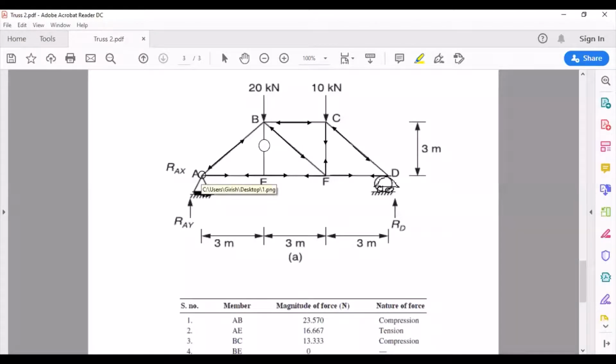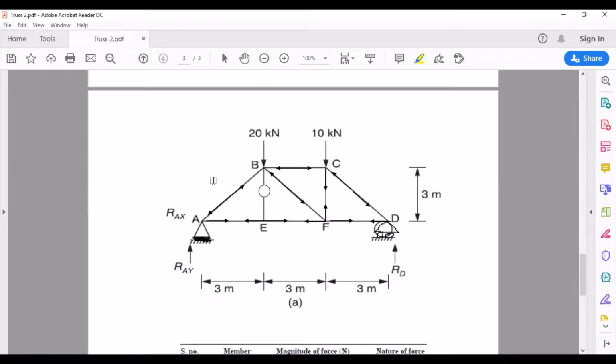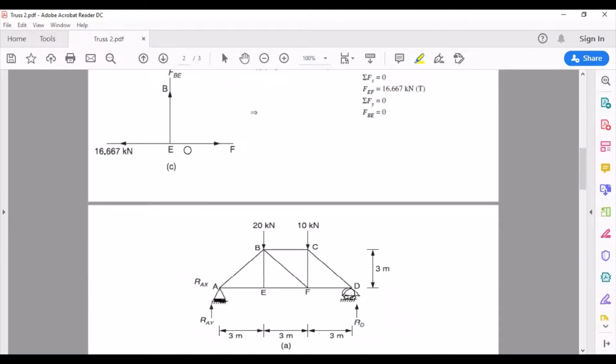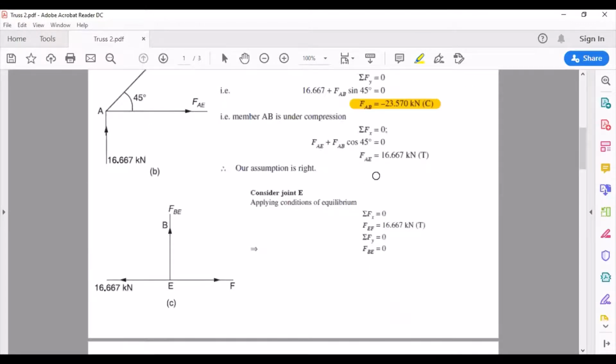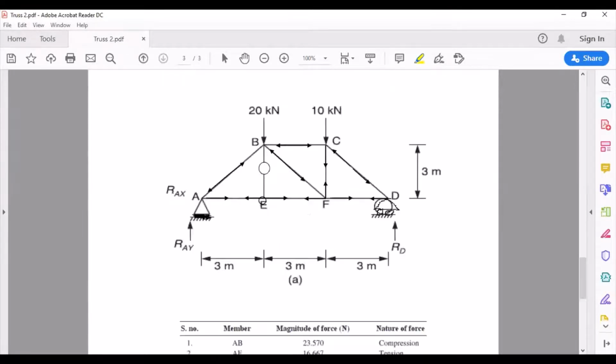From calculation at joint A, you found that the arrow was towards A with respect to member AB, so with respect to B also it is towards. Whereas for AE, it was moving away and you got it with positive sign. So you concluded that the arrow of AE will be moving away from A, thereby it will be moving away from E as well.